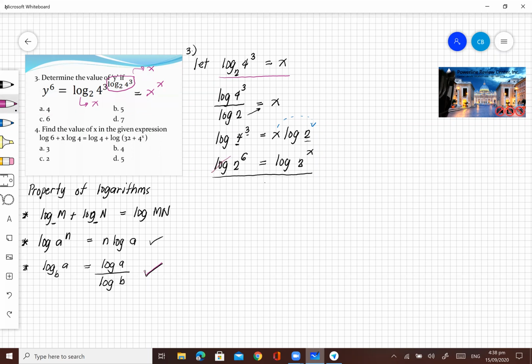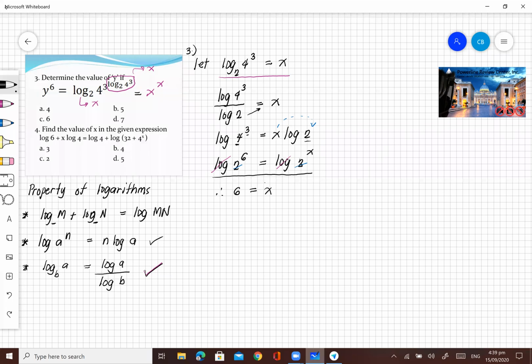Logarithm. Okay? Then, 2 is the base. 2 is also base. So, therefore, we conclude 6 should be equal kanino? X. Nakuha?